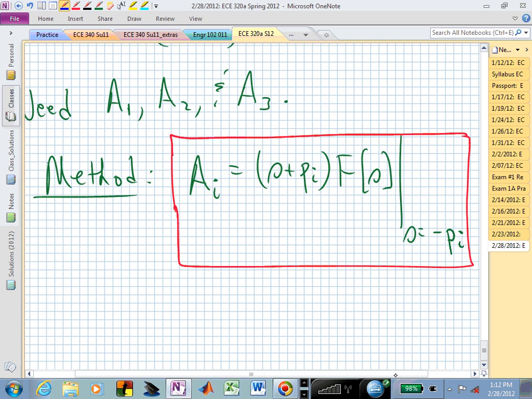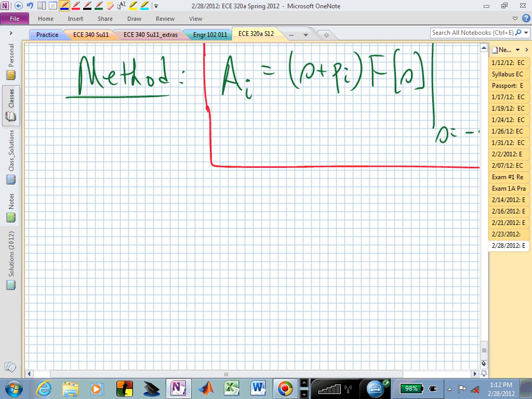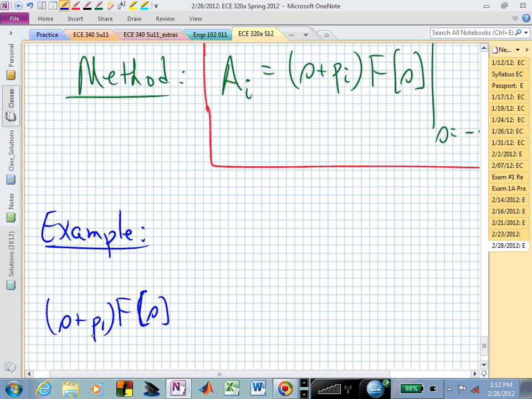Let's just illustrate why that works. Suppose we have this F of s, and I'm now going to multiply it by s plus p1.